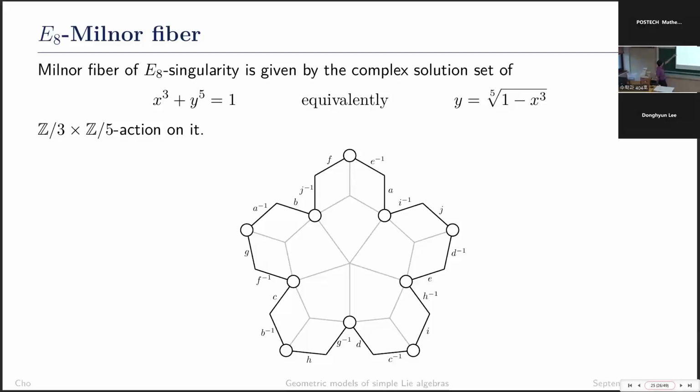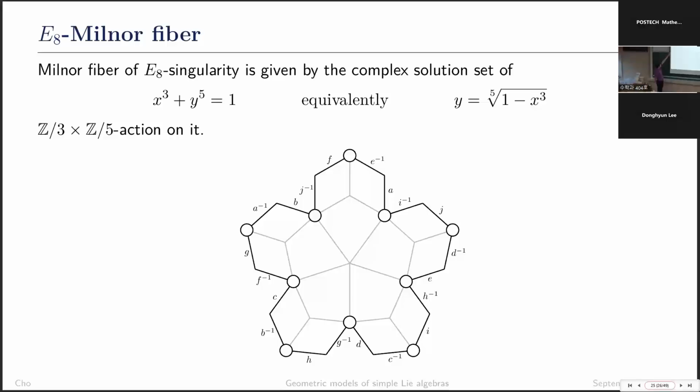And E8, for x^3 + y^5 = 1. We do it as before. So we have some kind of small triangle, something like this. But we have 5 copies like this. And if you're not familiar, this is quite helpful.